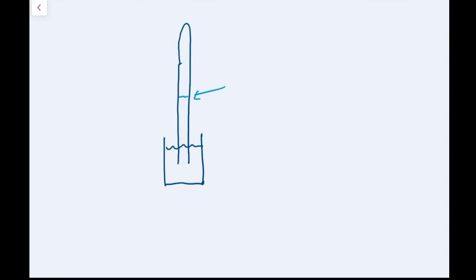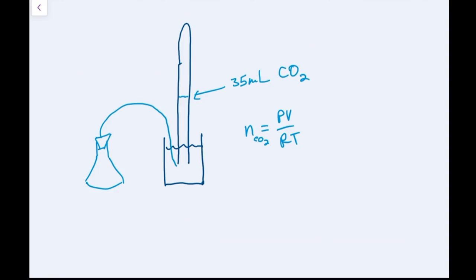Even though the gas that I bubbled into this tube came from my reaction that was happening over here in our little flask. So here's where we did our reaction. Little stopper. Here's our piece of tubing. It goes up into the gas collection tube. Oops, didn't work, but you get the idea. Little bubbles go up there, and you get your 35 milliliters of CO2. Well, here's the problem. The 35 milliliters is the volume of the CO2, and the temperature is room temperature.